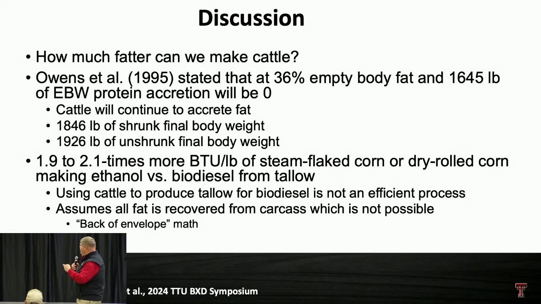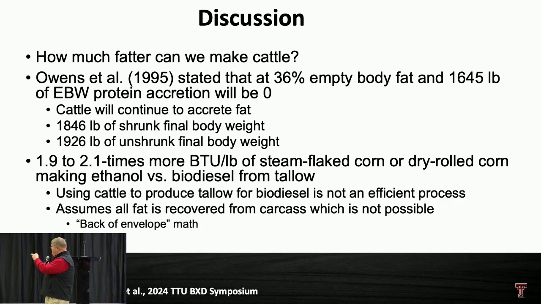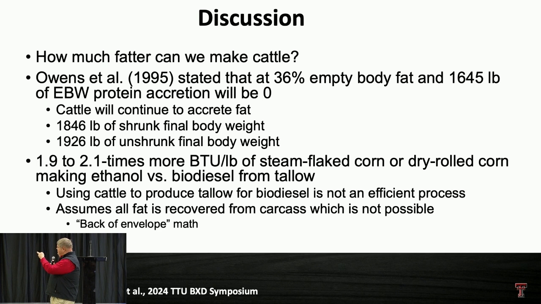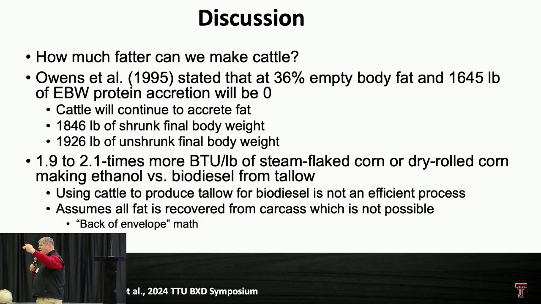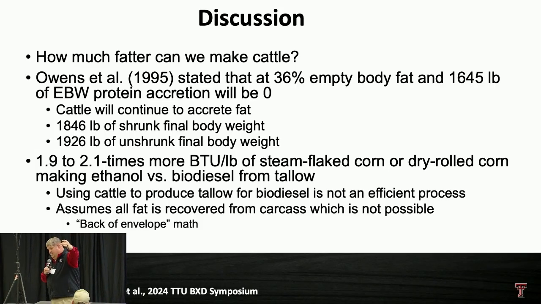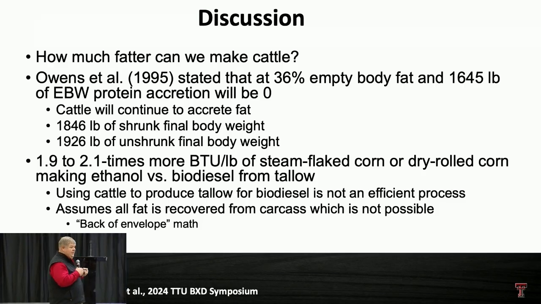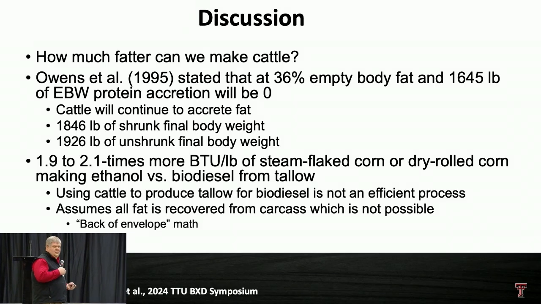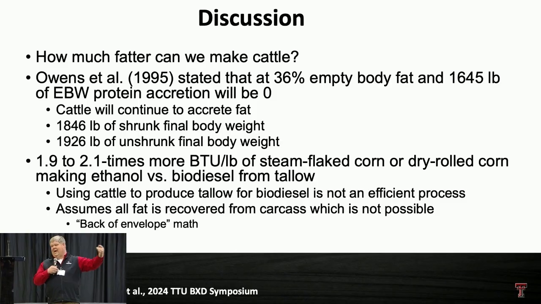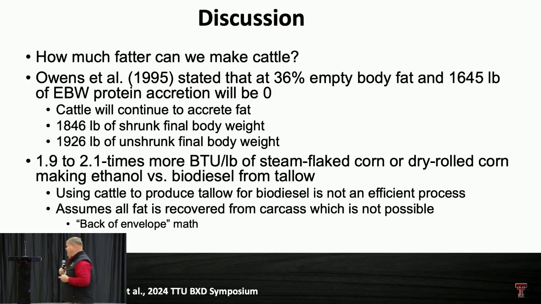In today's cattle market, cattle will continue to accrete fat up to a point. 1,846 pounds of shrunk final body weight is the number she calculated, at which level they are no longer depositing protein on average. So what this says is we can get all the way up to 1,850 on average and still be producing some protein, although it is at 11 times the fat in that extended period on feed.